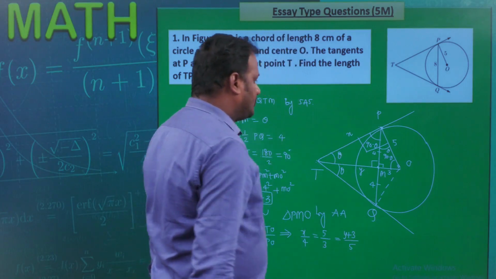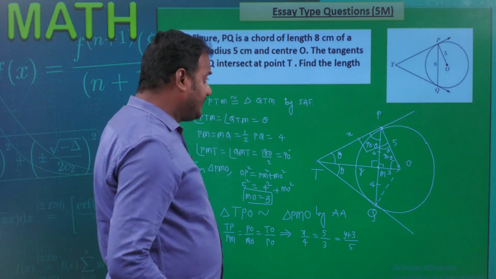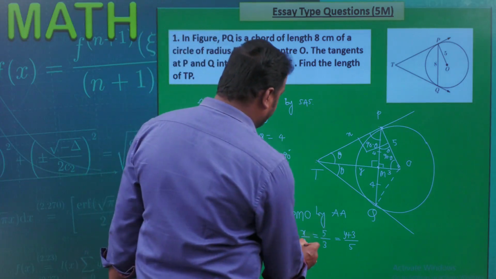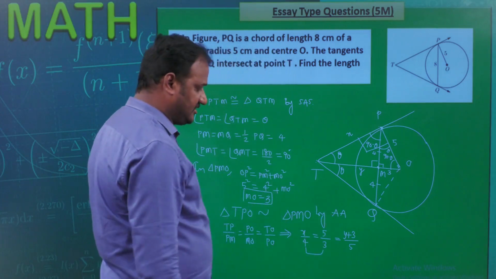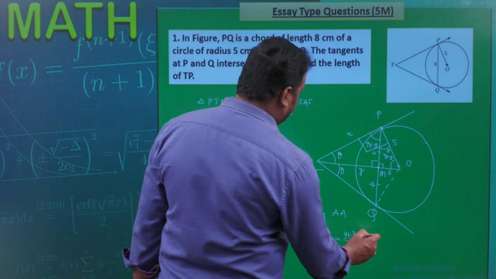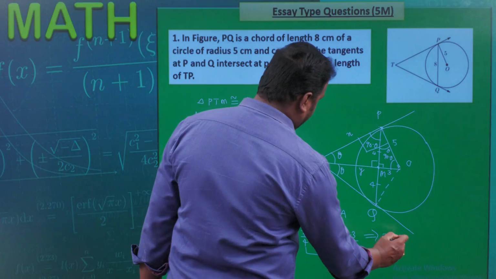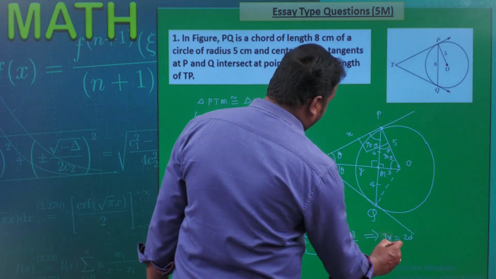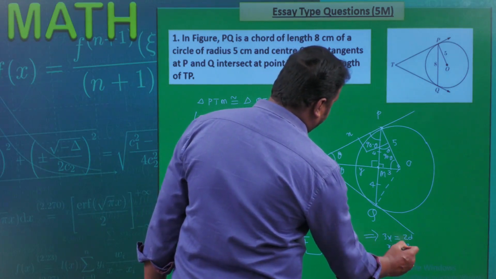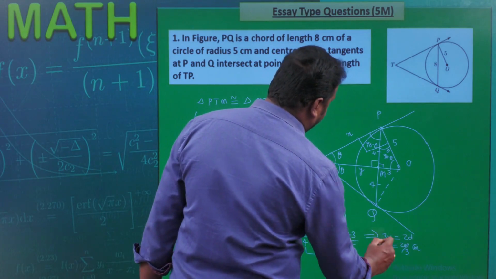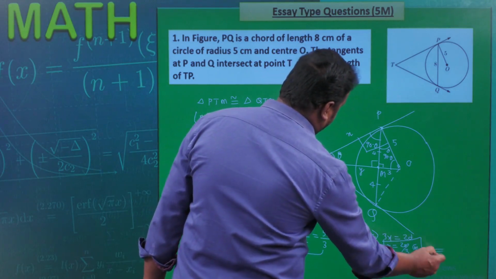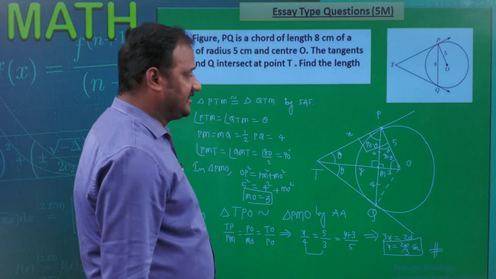Okay. So now you see here, in order to find the value of X, I can equate only these two, nothing more than that. So 3X is equal to 5 fours are 20. Therefore, the value of X is equal to 20 divided by 3 centimeters. That is the length of the tangent in this particular case.